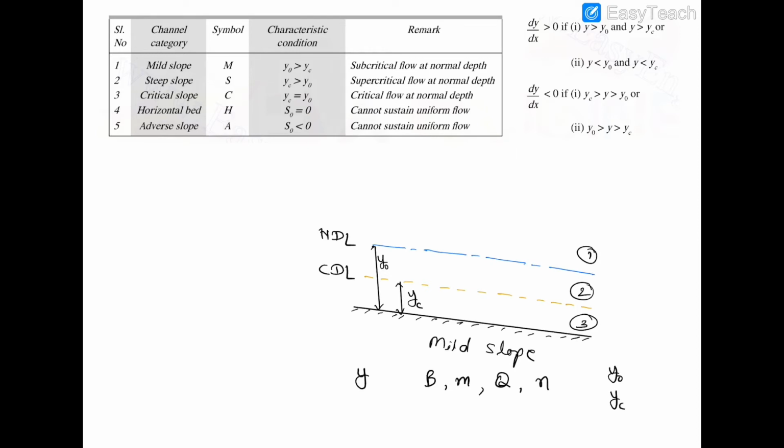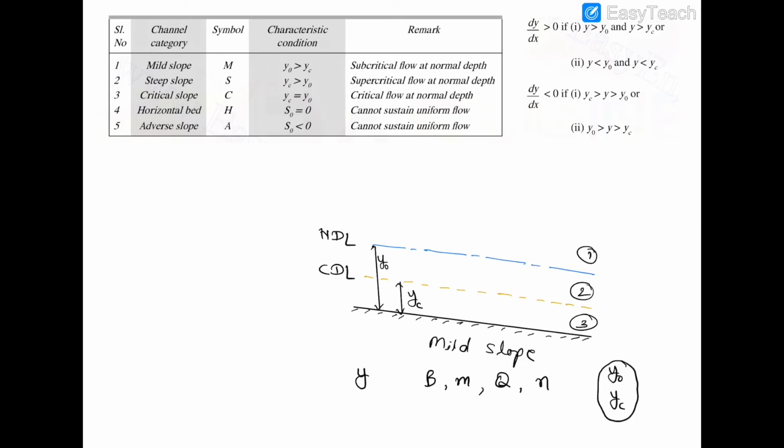Then compare these two depths to find the channel category. Compare y naught and yc, and it will give you the category of channel, whether it is mild slope, steep slope, critical slope, horizontal slope or adverse slope.